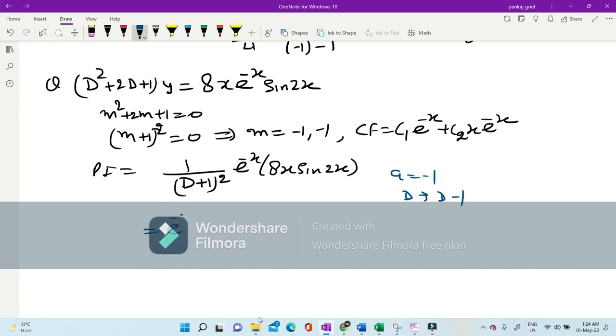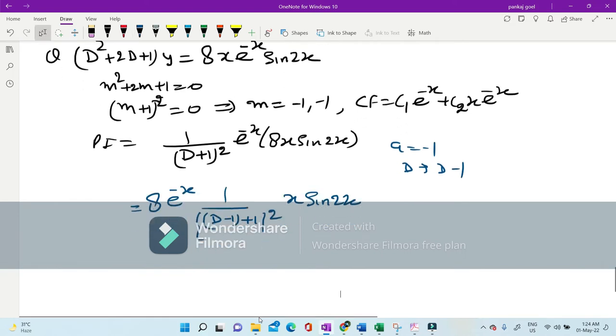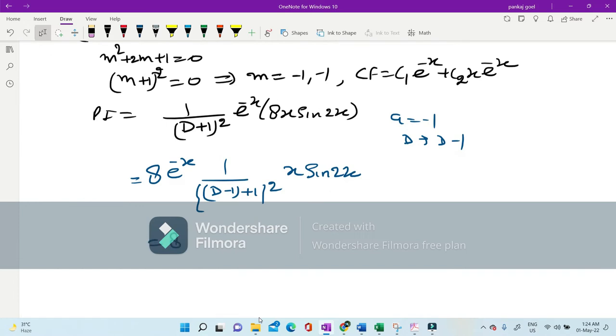So you can write e की power minus x and take 8 also common. 8 upon 1 upon d की जगह हमने रख दिया d minus 1 and this plus 1 and this whole square x sin of 2x. By solving this, you will get d square. So we can write 8 e की power minus x 1 upon d square x sin 2x. So integrations of x sin 2x.